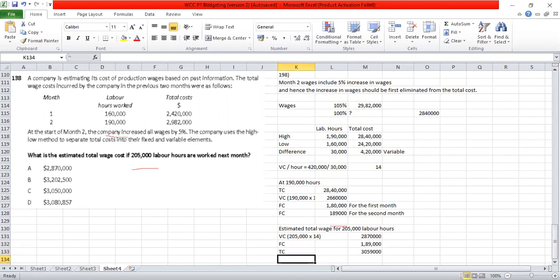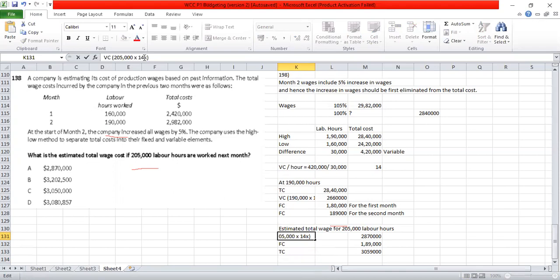Ma'am, when we calculated the wage inflation to be a 5% increase, even the variable cost also will increase. Yes, it would be, because this is the total amount. It is not just the fixed cost.